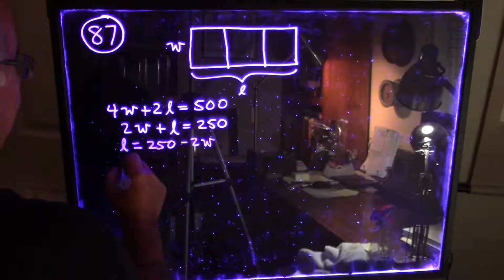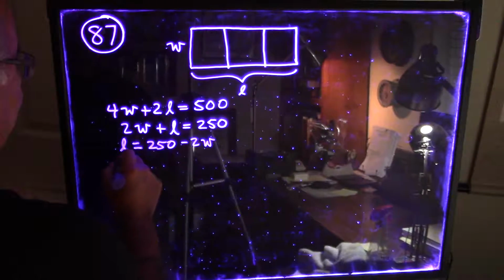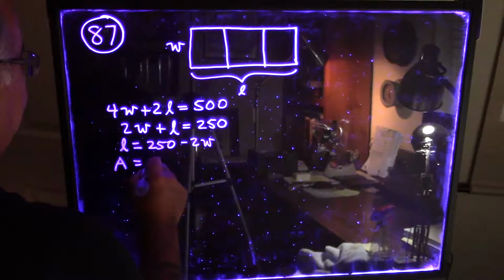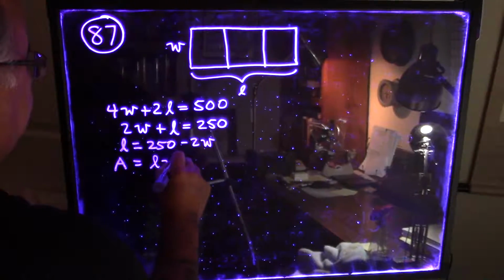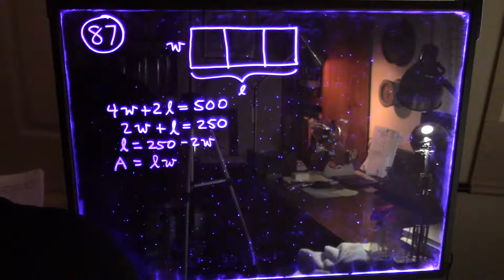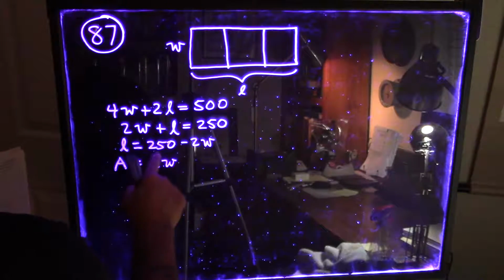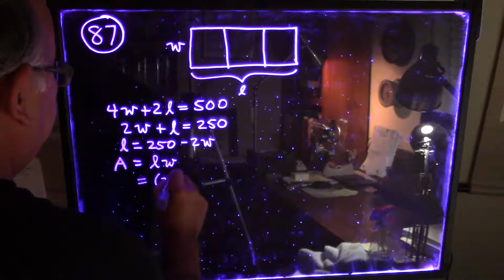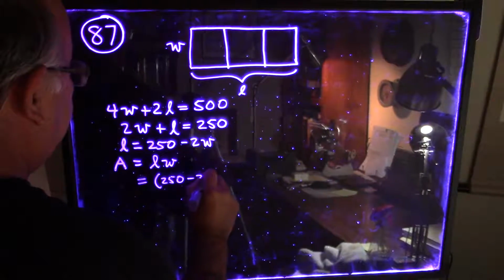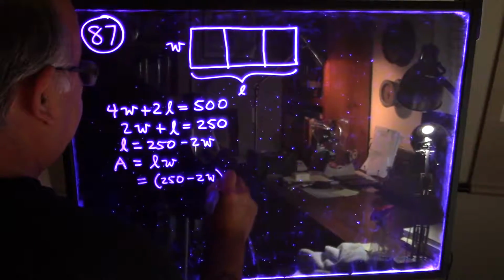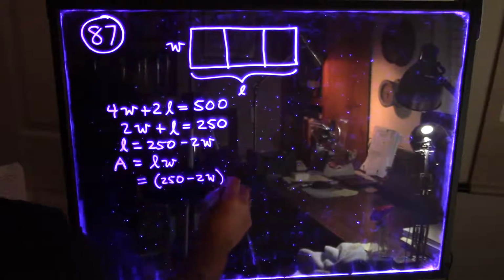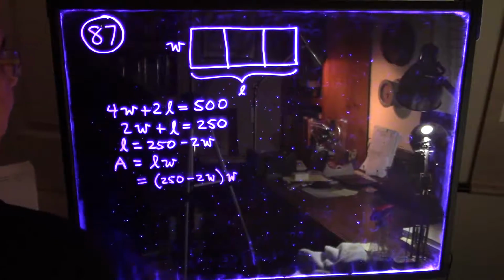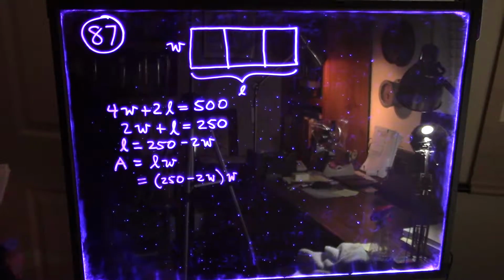So once again, we want to maximize area. So write area equals length times width. Alright. And what is length? It's 250 minus 2W, times, there's your length, times width. There's your width. Okay.